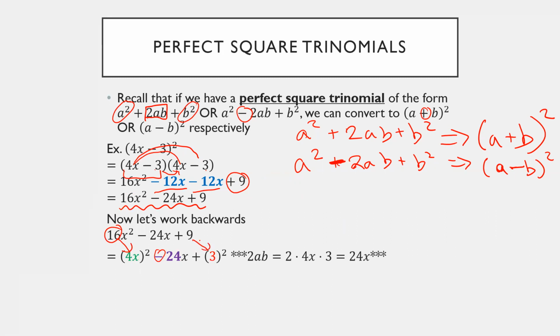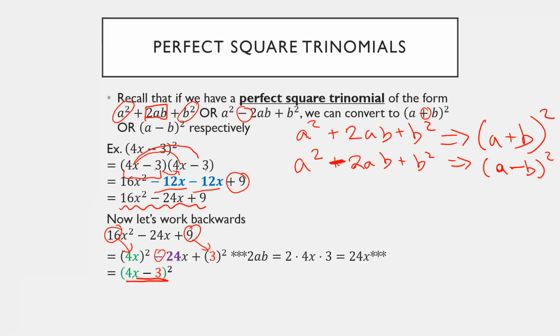The middle term is negative. So what we notice is that we can work backwards to factor it out. We look at the first term and the last term and take the square root. The square root of 16x squared is 4x. The square root of 9 is 3. We are simply working backwards to factor it out, and then we end up getting 4x minus 3 squared.